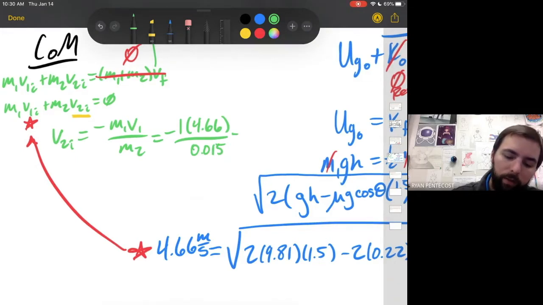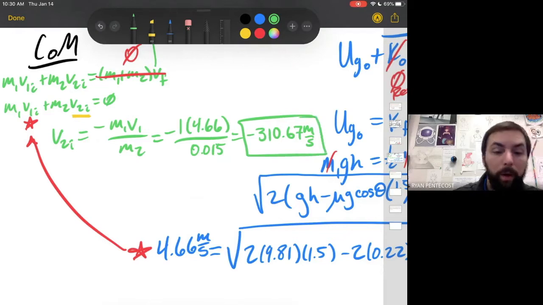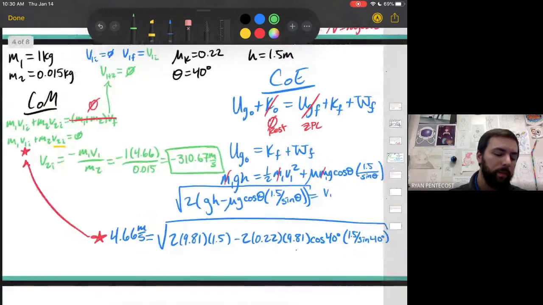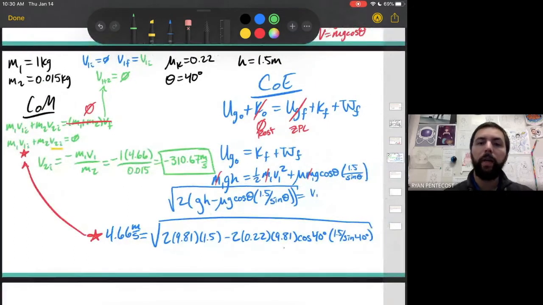And that velocity comes out to about negative 310.67 meters per second. So about 311, right? So that is the velocity that the bullet must be going if it's going to stop this 1 kilogram block in its tracks.